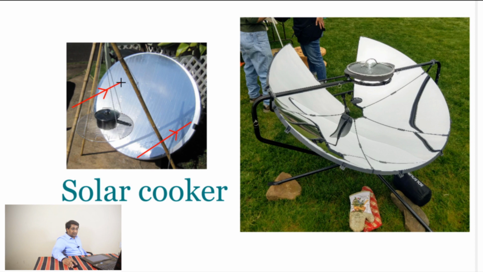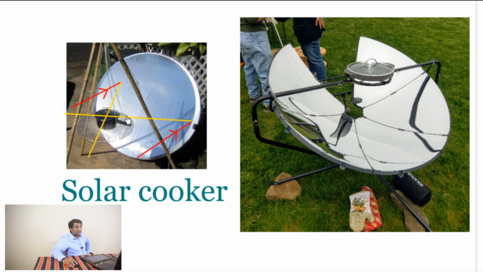And when they hit the concave mirror, they pass through the focal point of that mirror. So as you can see, these two are the incident rays and this is the reflected. That's an incident ray. Similarly, this is an incident ray and these two are the reflected rays from the mirror.